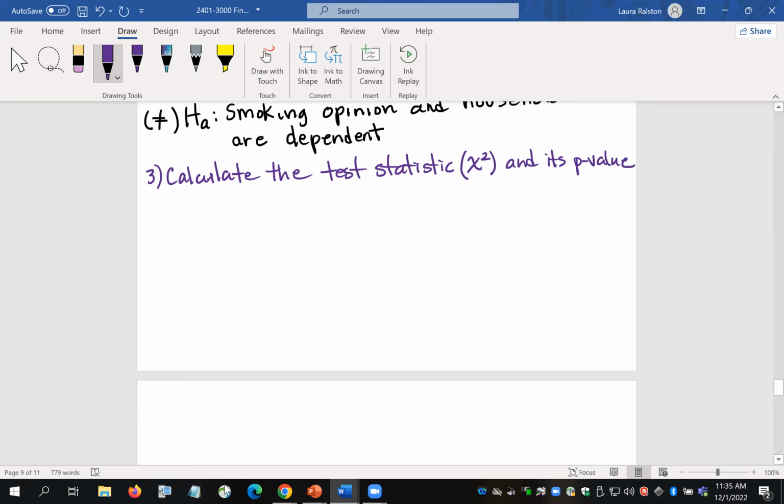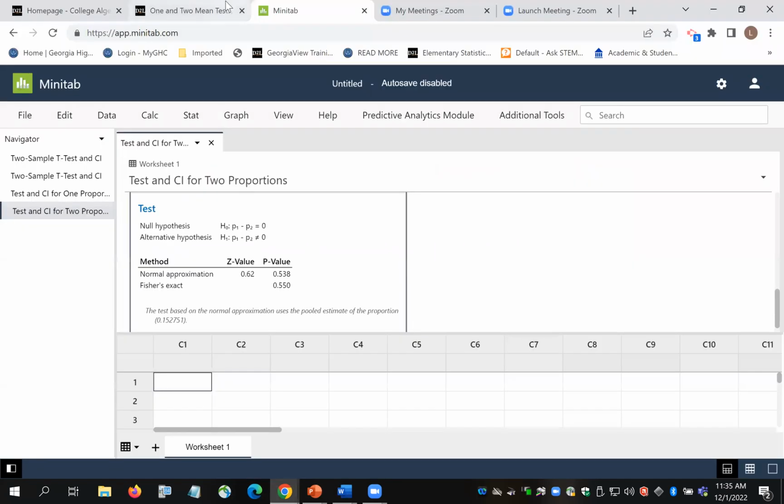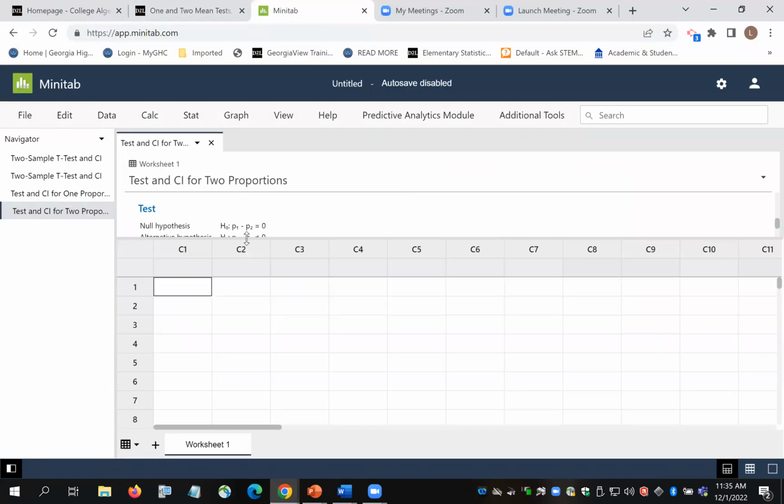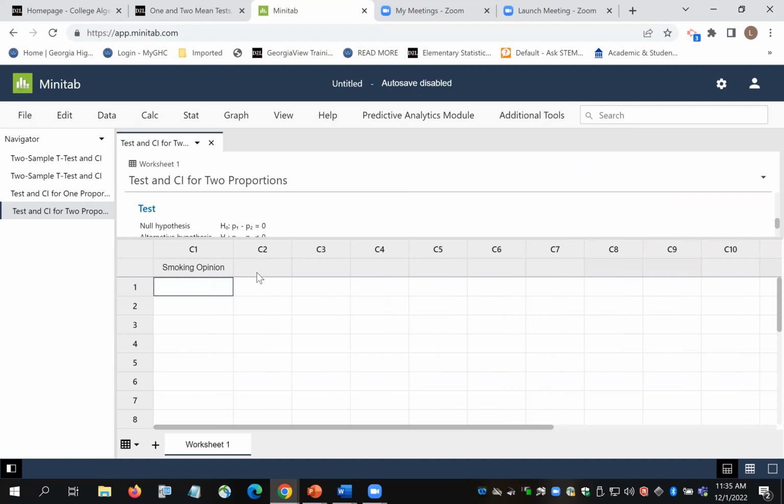So I'm going over to Minitab, and again, I have to try to basically type in this table. So the way we do it is in column 1, we're going to put the options for the opinion about whether the government should do something about smoking in public areas. Then in columns 2, 3, 4, and 5, we're going to have our household size.